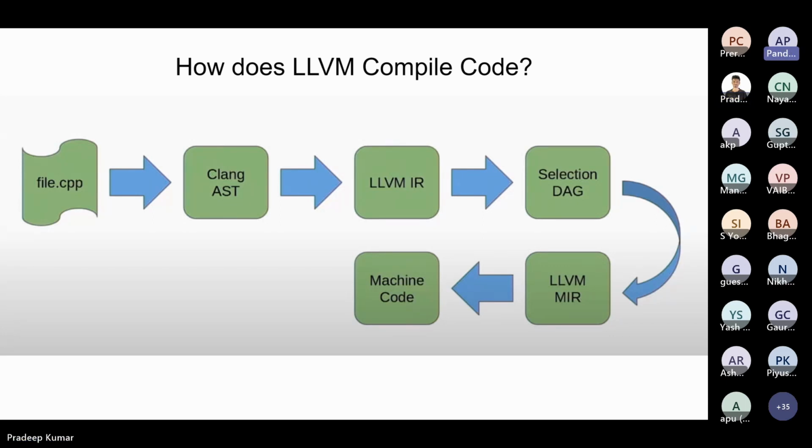I just wanted to add briefly, it's not the topic of the presentation, but for all these stages that Pradeep has shown here, it's not like your program goes from point A to point B directly. It actually goes through all these steps, and with the right set of compiler flags, you can see what the Clang AST looks like.